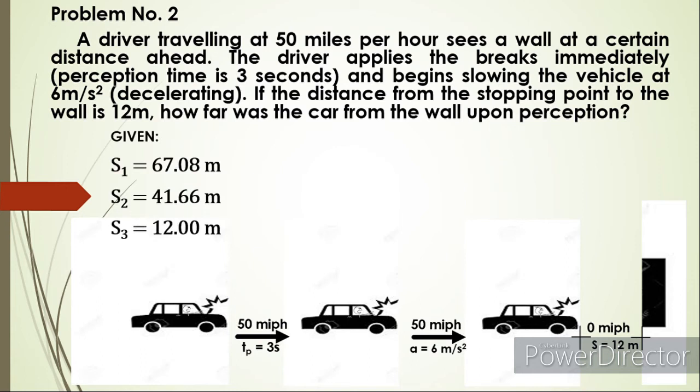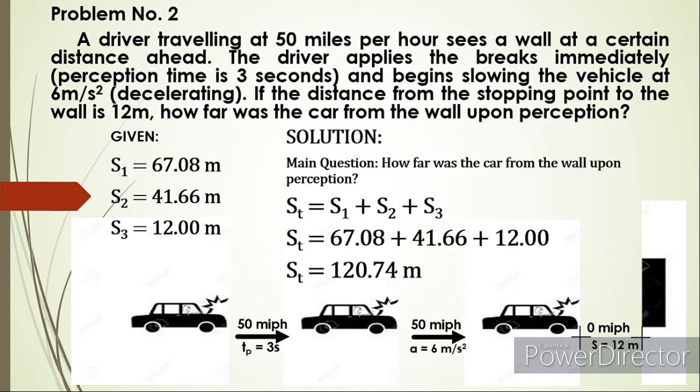Okay? Given distance doon sa time ng perception, which is 67.08 meters. Distance simula nung nag-apply siya ng brake hanggang sa tumigil yung sasakyan, which is 41.66 meters. Distance nung tumigil yung sasakyan hanggang doon sa pader ay 12 meters.